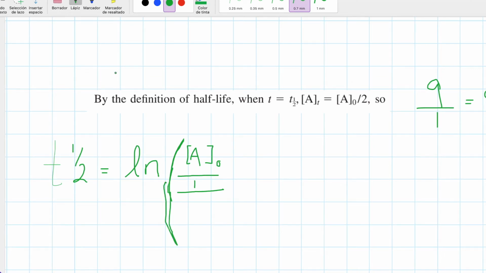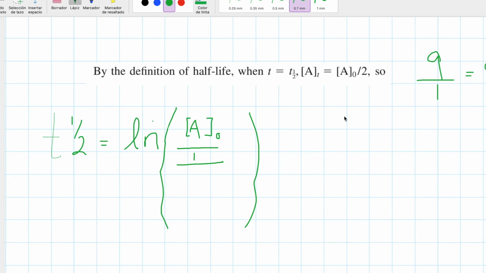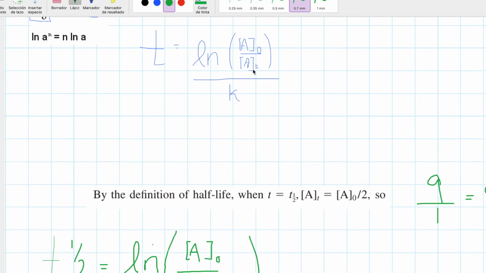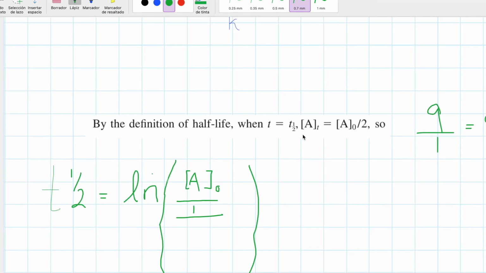So let's put a 1 as a denominator for our initial concentration, because we will do the quote trick again.